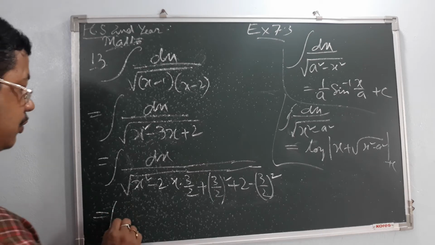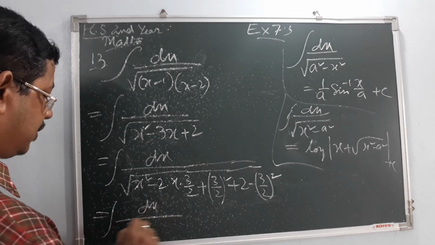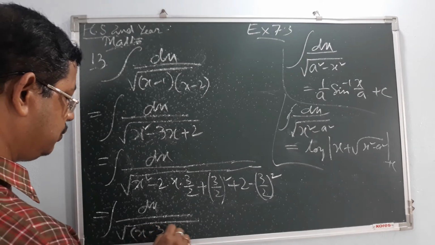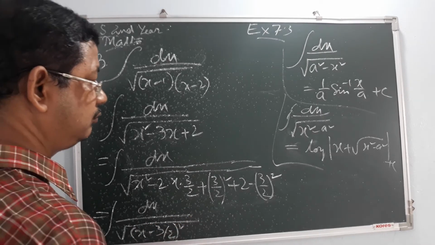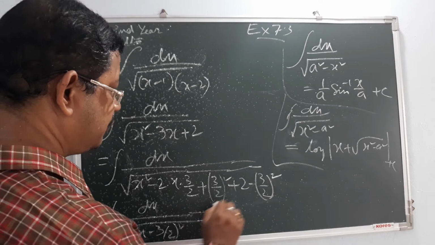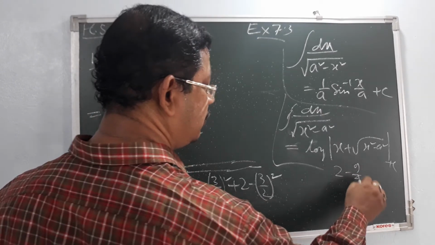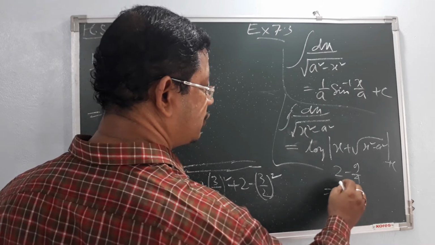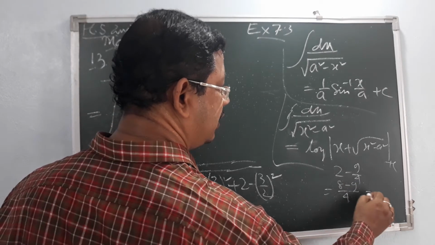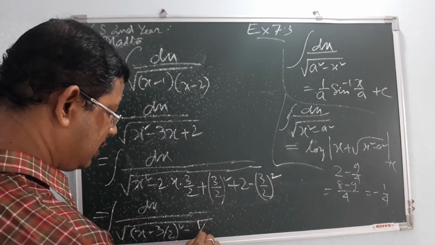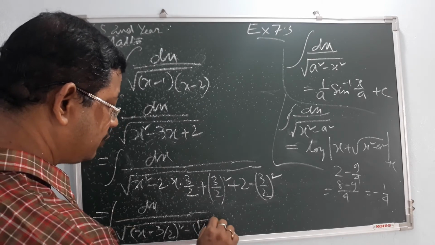So then it will be dx divided by x minus 3 by 2 whole thing square minus, this is what? 2 minus 9 by 4. After simplification, 8 minus 9, that is minus 1 by 4. So instead of this, I can write this is minus half square.